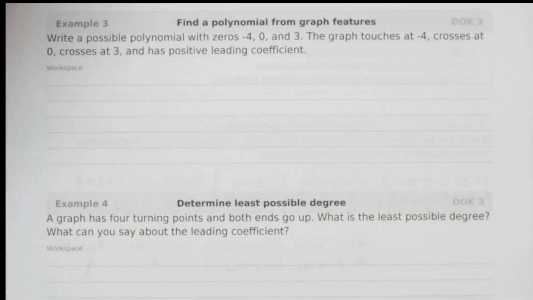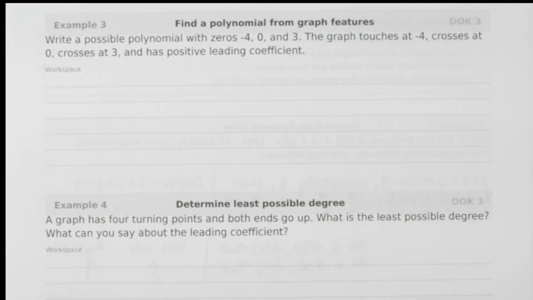Example number 3. Example number 3 says find a polynomial from graph features. Write a polynomial with zeros -4, 0, 3. The graph touches at -4, crosses at 0, crosses at 3, and has a positive leading coefficient. So a 0 gives us a factor, right?